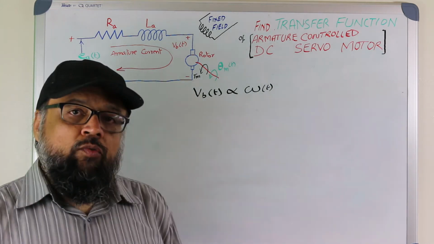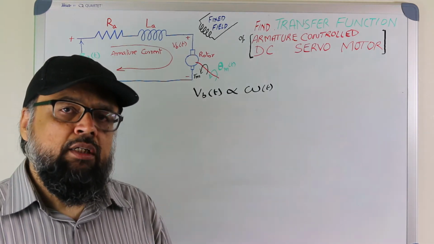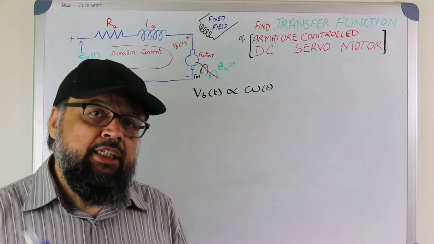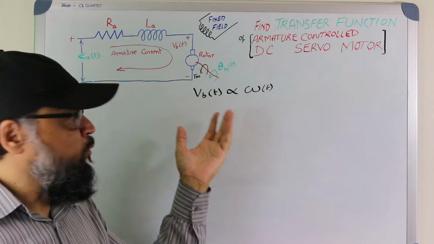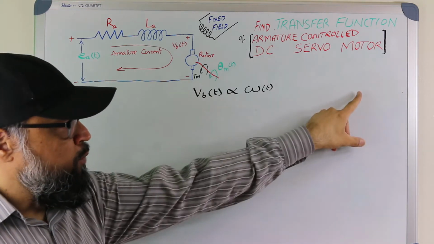Now, when deriving this transfer function, you will be using three formulas for Laplace transform. As you know, our transfer function is a ratio in S domain, so we have to move from T domain to S domain. There will be only three formulas, which I am going to write here.